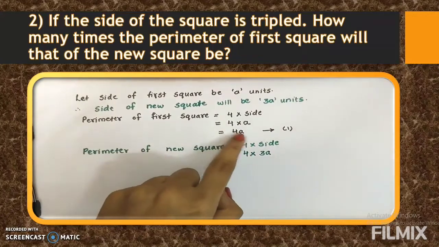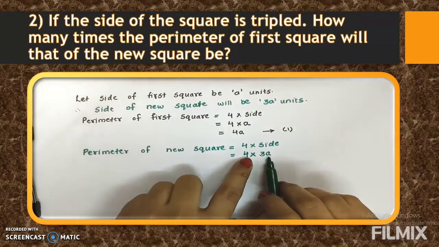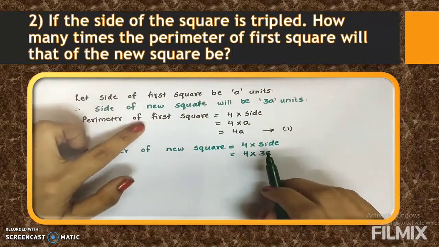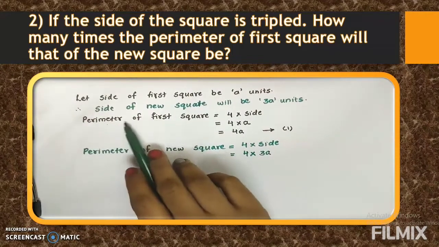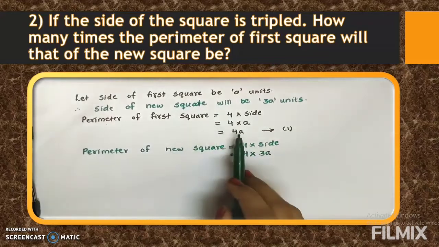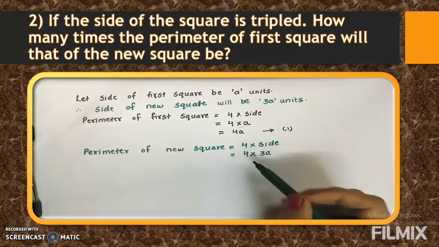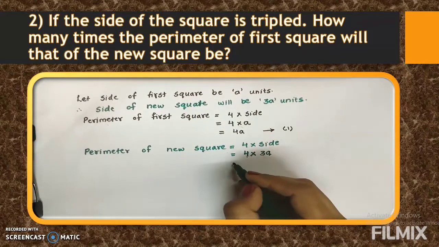Now if we compare, here we have 4A. So what will we do? 4 and A we will keep together, as we have to compare the relation between the perimeter of the first square and the second square. Whatever answer we got for the perimeter of the first square is 4A. So this 4 and A we will write together and 3 we will write separately.